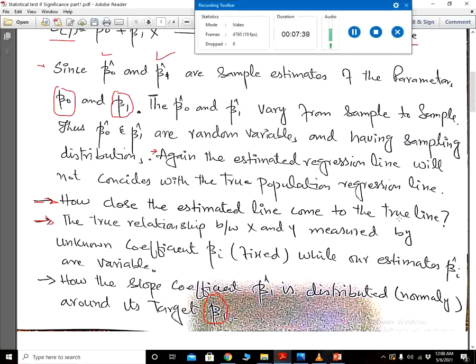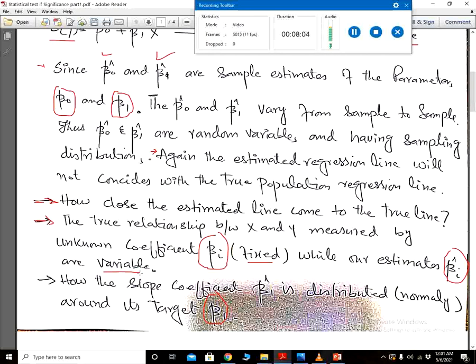That is the very critical question: how close does our estimated line lie to the true line? The true relationship between x and y is measured by the unknown coefficients beta i's, that is beta naught and beta 1, which are fixed. These are fixed, while our estimates beta i hats, that is beta naught hat and beta 1 hat, are variable. They are changing from sample to sample, because beta naught and beta 1 are fixed for the population, they are not changing.